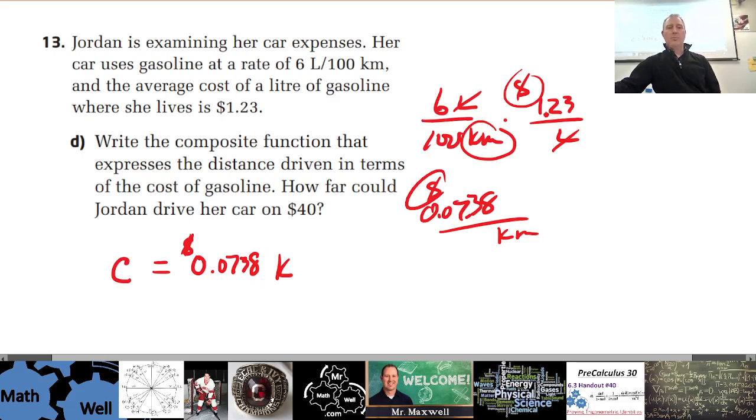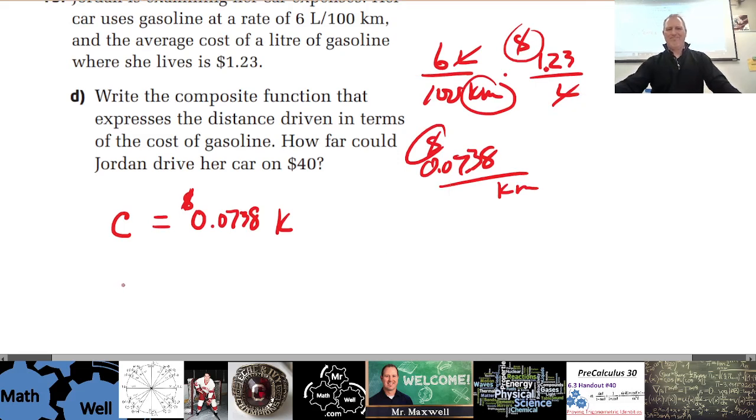Now we have to put this into some other function, so the composite function, the distance driven in terms of the cost of gasoline. So how do I get distance from cost? Distance equals something, and I'm going to have to put C over here. This is dollars per kilometer.